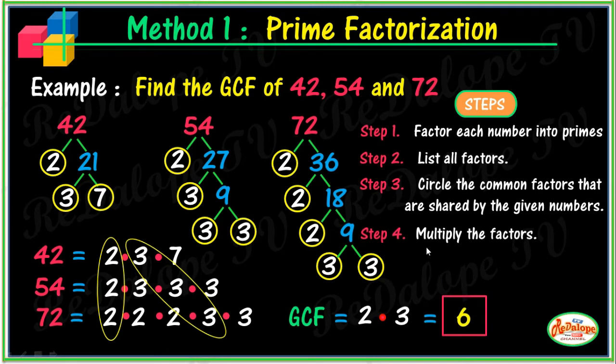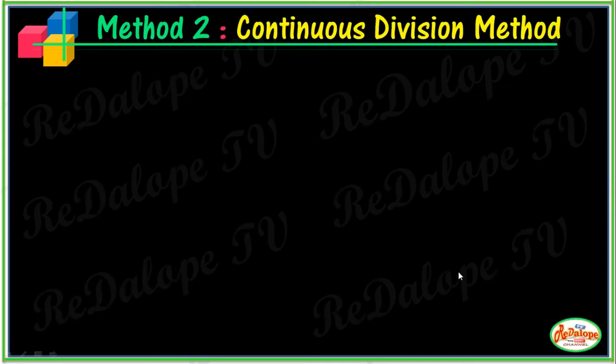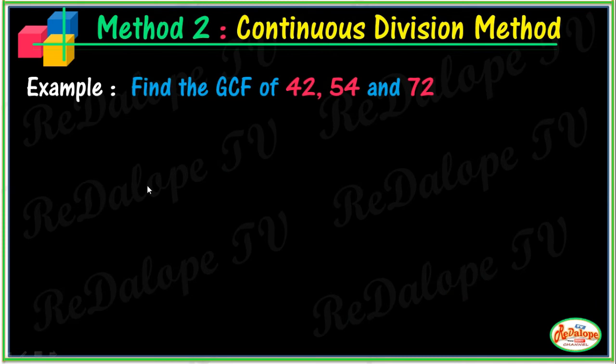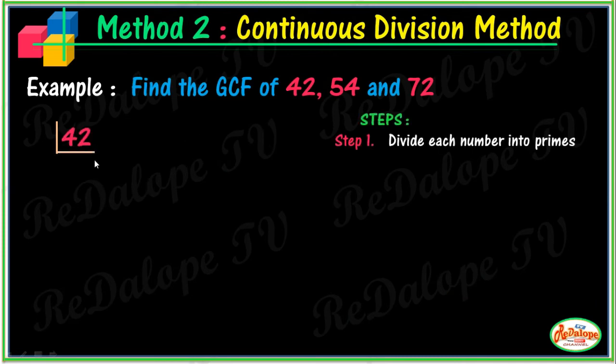Now let's try the second method in finding GCF using the same problem. Okay, so we have the given number 42. So divide this number into primes. So 42 divided by 2, so that is 21. 21 cannot be divided by 2.